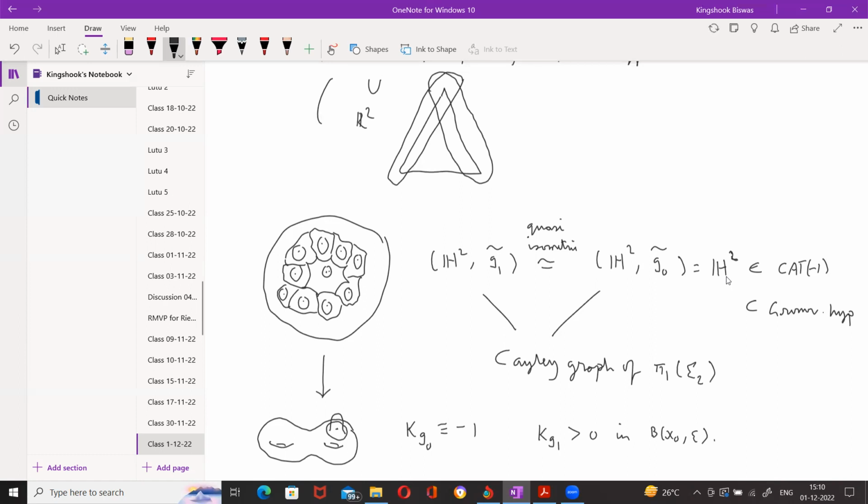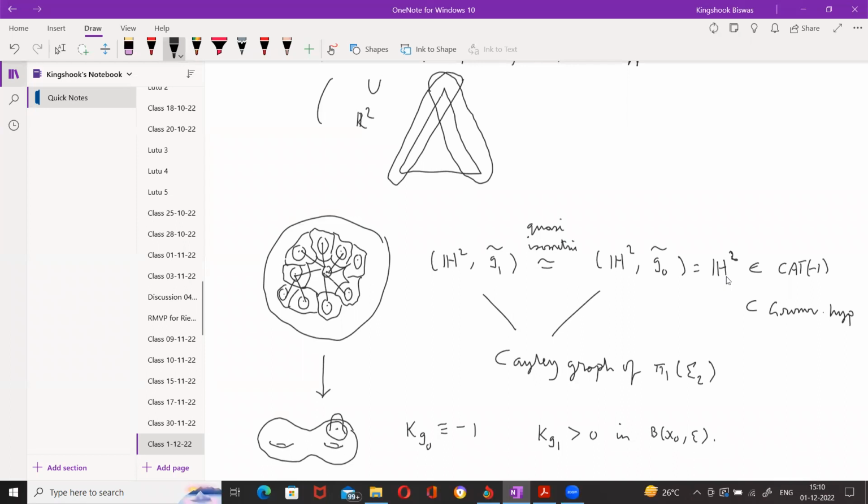So here you have the Cayley graph. That will be the graph joining these fundamental domains. So it will not be a tree. It will have loops, but the loops will be small, of bounded diameter. And in fact, the Cayley graph will be a Gromov hyperbolic space.